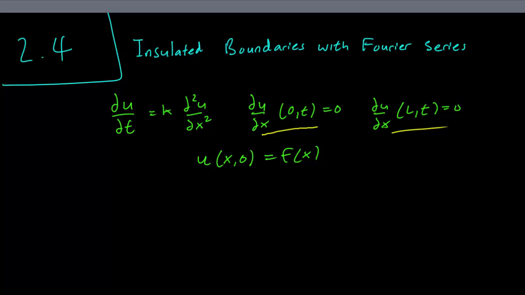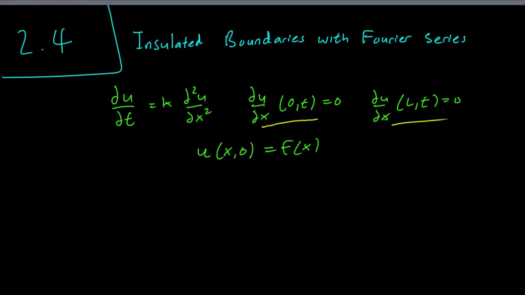This is represented by having the partial derivative with respect to x equal to 0 at both sides, with an initial condition. So again, we want to determine what the product solutions are first.